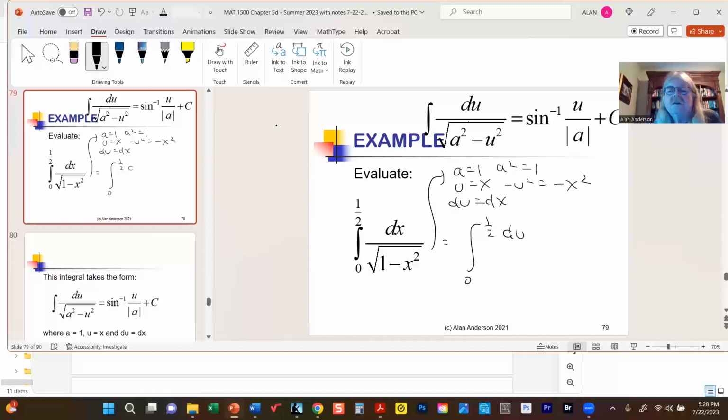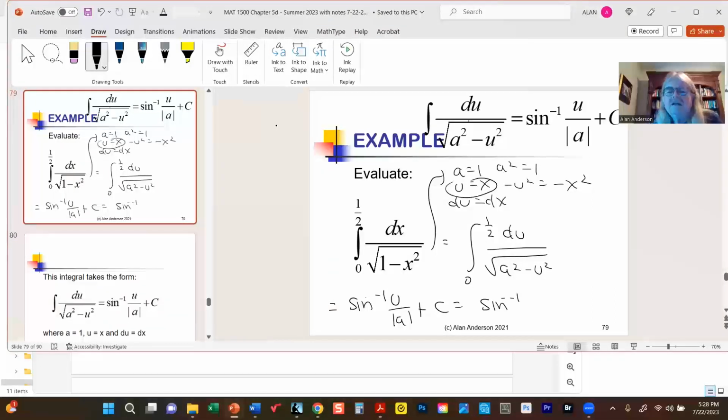So we've got du over radical a squared minus u squared. So that means it's arc sine u over absolute a plus c, arc sine x over absolute 1. Since it's 1, we can just drop it out. It's the arc sine of x plus c.